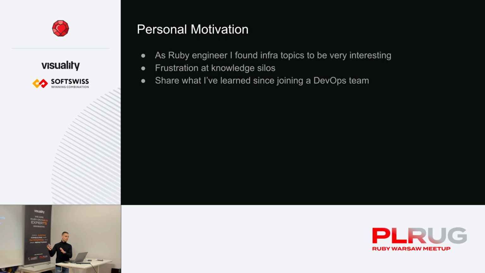There were other people doing deployments and operating that code. This was knowledge that was not available to me, and I grew frustrated at that. Fortunately, I joined the ops team, and I wanted to share with you what I've learned.